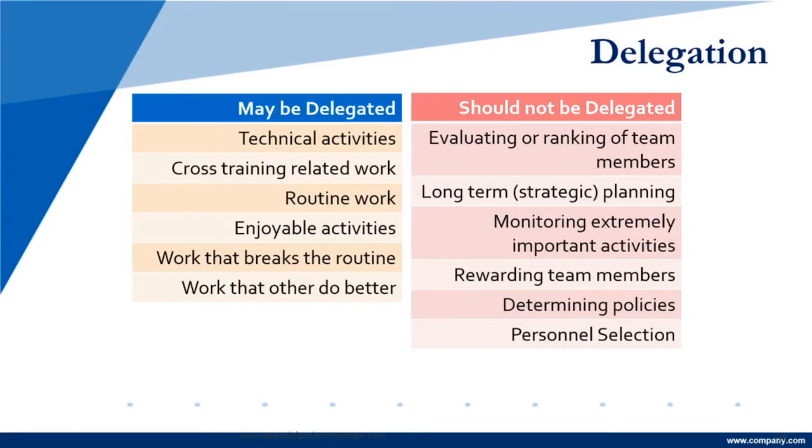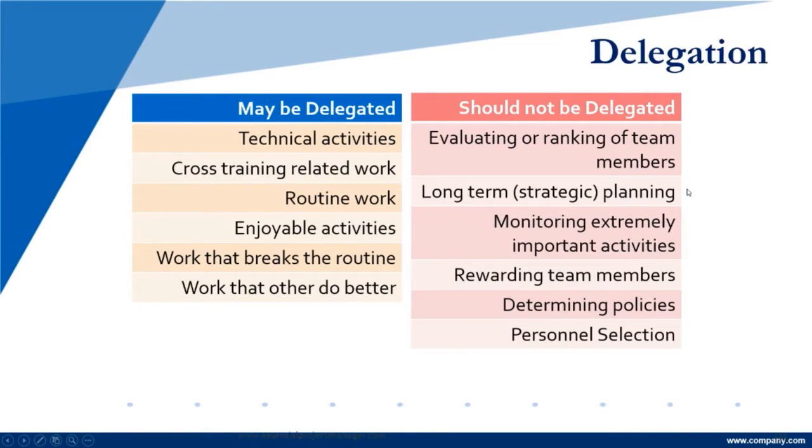What I always say when I run a project is that the project's success or failure is on my shoulders. If I can't figure out how to make it work, it's still on my shoulders. When you talk about evaluating and ranking team members, that has to be on your shoulders. The long-term strategic planning has to be on your shoulders.